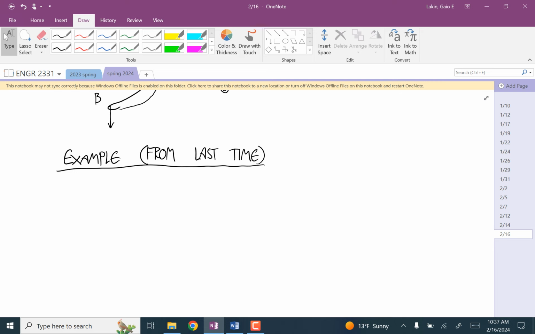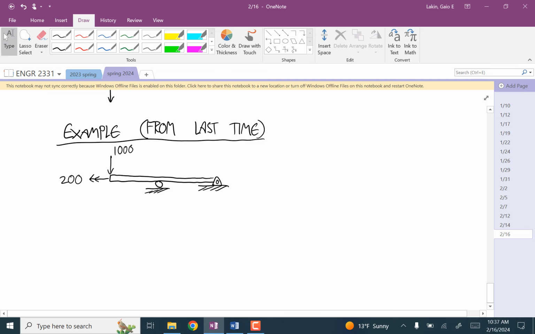Okay, so we had this body. It started like this. And we figured out the external loads.